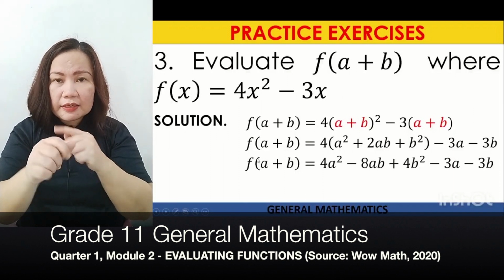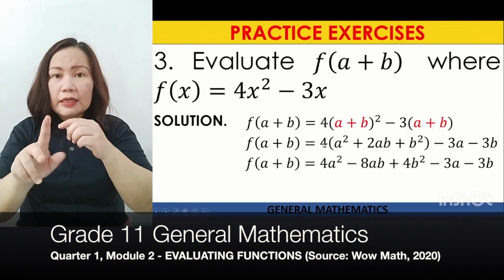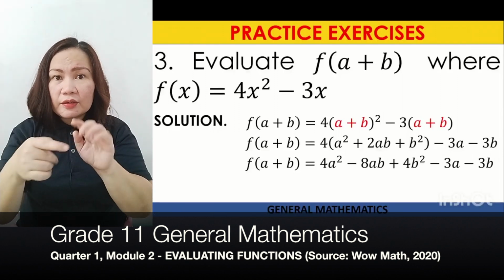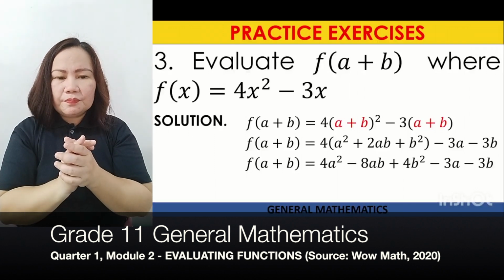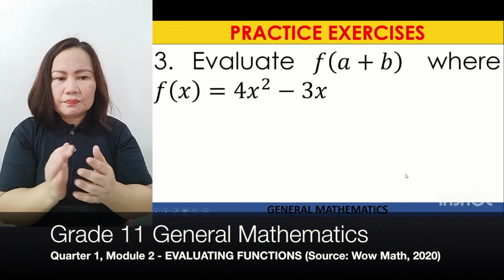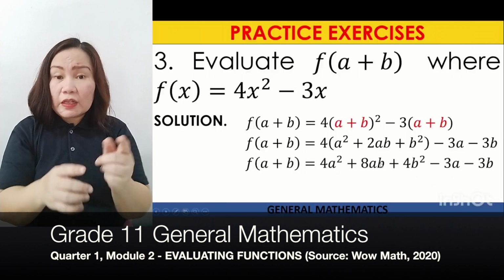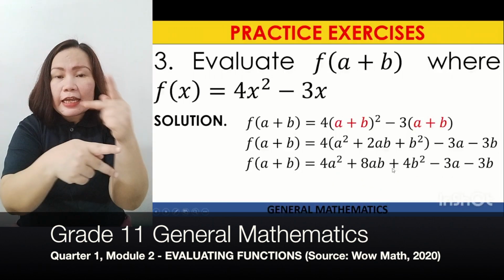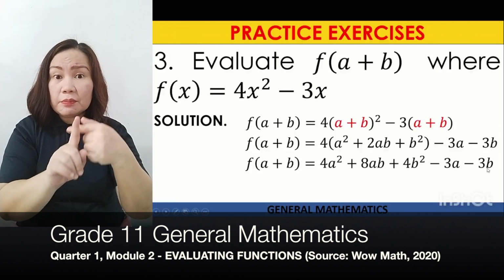So, that will become 4a squared, okay, that's plus 8ab. So, again, that will become 4a squared plus 8ab plus 4b squared minus 3a minus 3b.